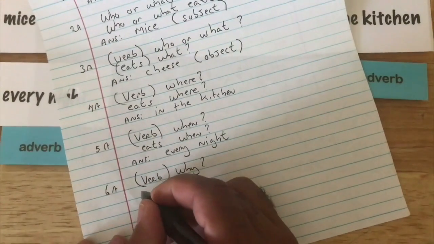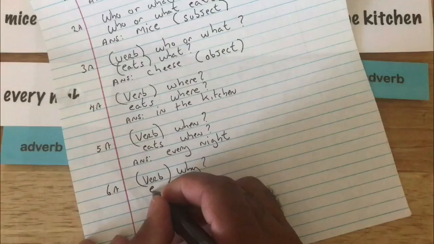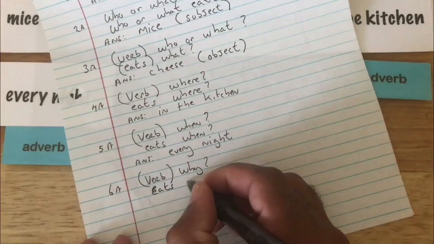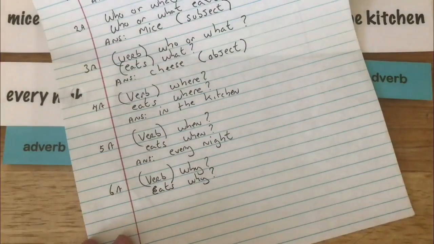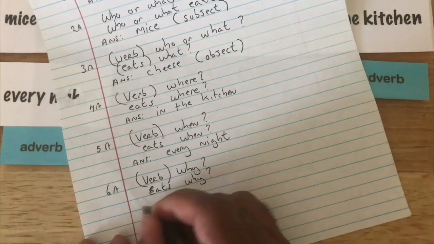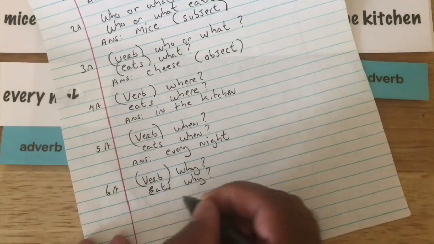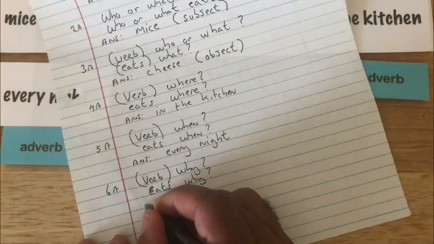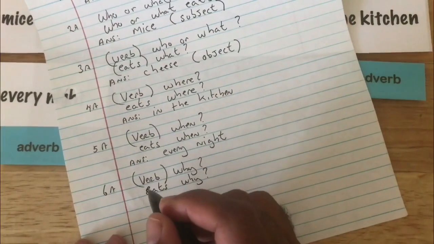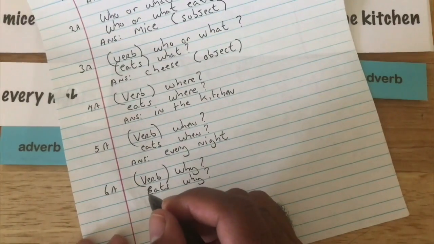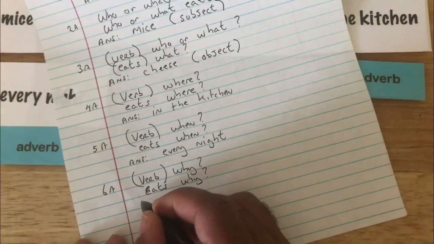And my answer is, let me write my verb again. Eats why. It takes a little bit of time, but writing helps you to remember. Eats why. And we're going to say, well, why do the mice eat the cheese? Why do mice eat cheese? I guess because they're hungry.